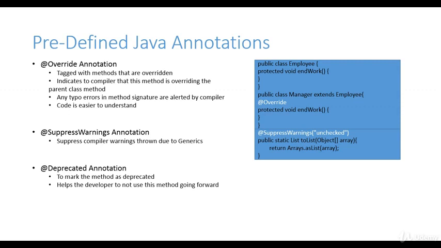The solution for this problem is to make use of the @SuppressWarnings annotation. In the example here you see how it is used, and in this case compiler warnings of type unchecked will get muted. Let us look at one more predefined Java annotation, which is @Deprecated. Imagine the case where a method defined in a class or an interface has now become obsolete, and we should warn the client applications not to make use of it.